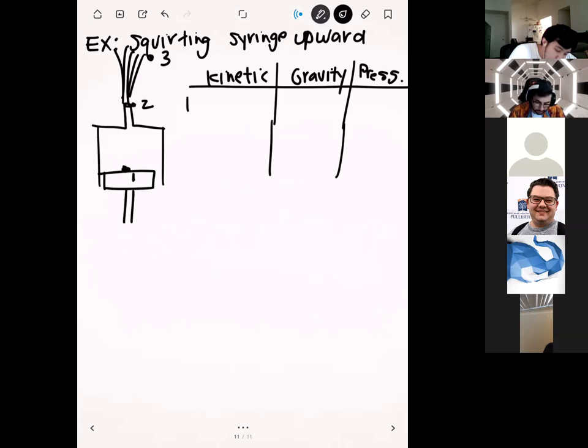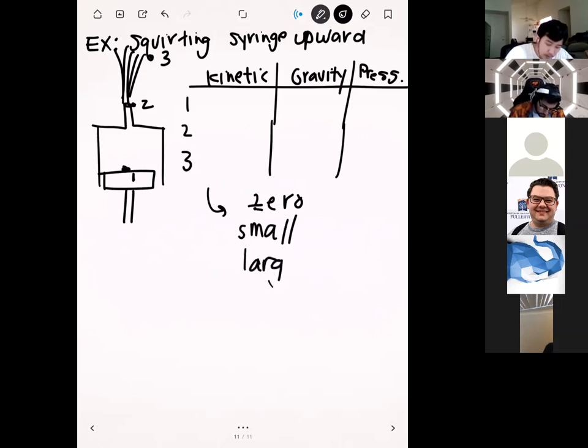So we'll have point 1, point 2, and point 3. Basically what I'm going to fill in here is either a 0, if that energy is going to be 0 at a particular point, or small, or large.